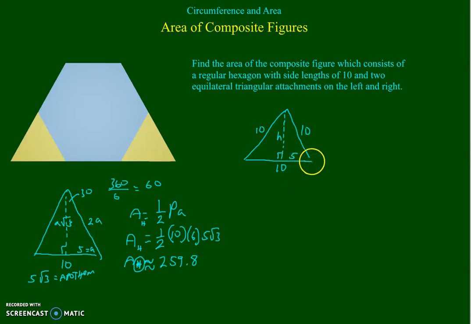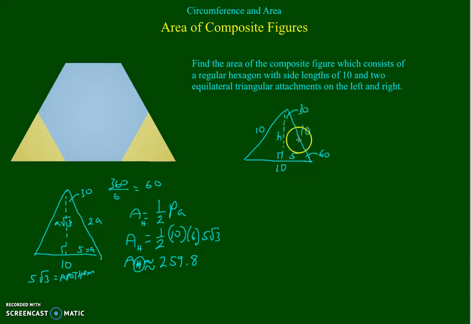And since this hypotenuse is twice the smallest side, it appears that this is going to be a 30, 60, 90 triangle. And in fact, since it's equilateral, I know that this angle has to be a 60-degree angle. Therefore, since this is 90 and this is 60, this has to be a 30-degree angle.